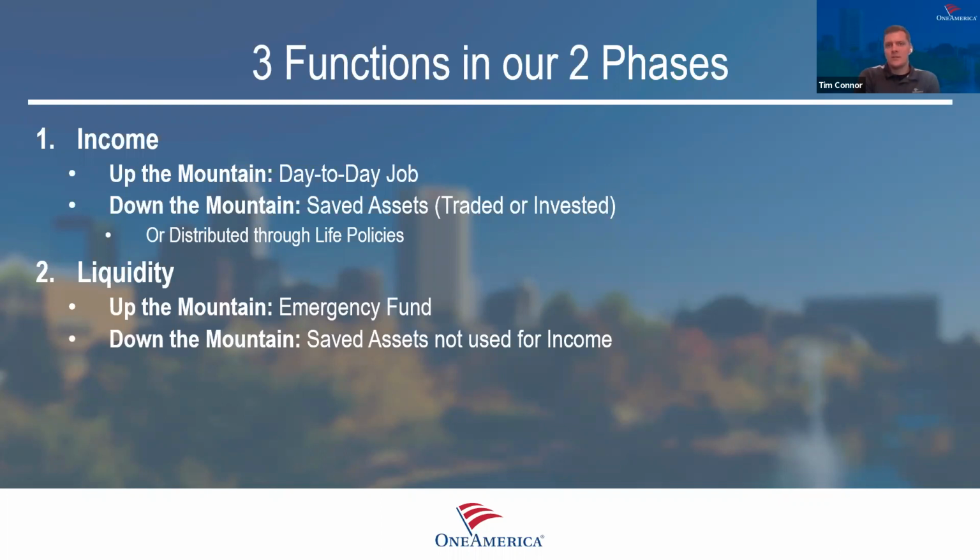Coming down the mountain, though, in the retirement phase, the definition changes a little bit. Essentially, we want to make sure that we have assets available that we can take from without negatively impacting our income-generating assets. For example, say we're saving everything in investments and we build our dollars as big as possible. From a Monte Carlo standpoint, your safe withdrawal rate is typically 3 to 4%.